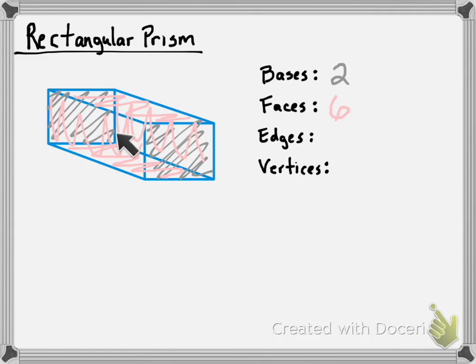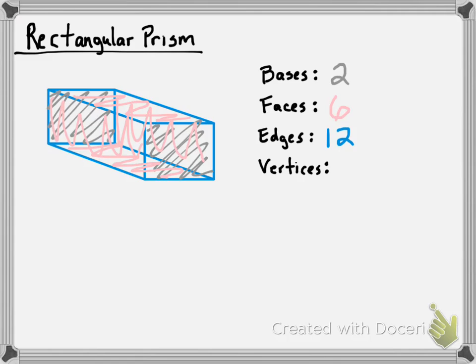Okay, that's why it's an edge. Okay, so I have 1, 2, 3, 4 edges on the back side. I have 1, 2, 3, 4 edges on the front side, and then I have 1, 2, 3, 4 edges going around. So that's 4, 4, and 4, so I have 12 edges.